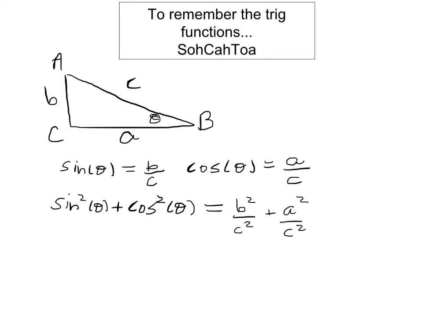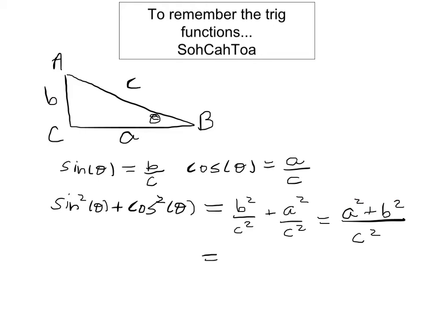Right? All I'm doing there is squaring both sides. But now I can write this all over c squared as a squared plus b squared. Do you see what's happening here? Remember the Pythagorean theorem? A squared plus b squared equals c squared. And up here we have a squared plus b squared.